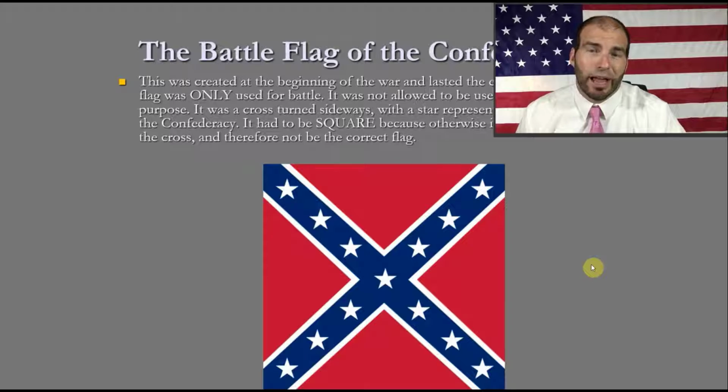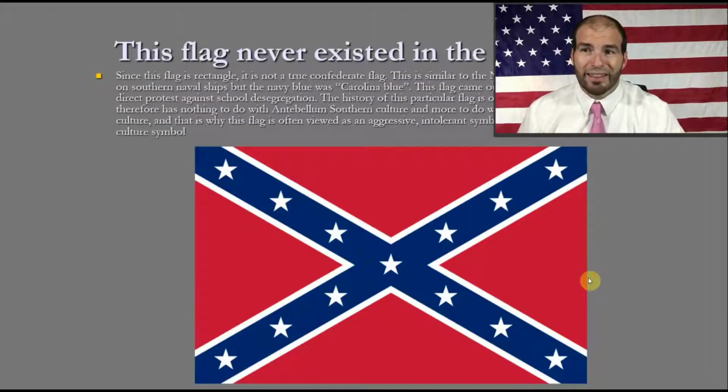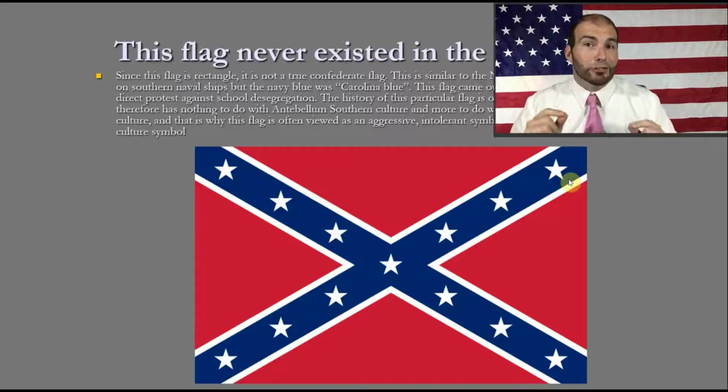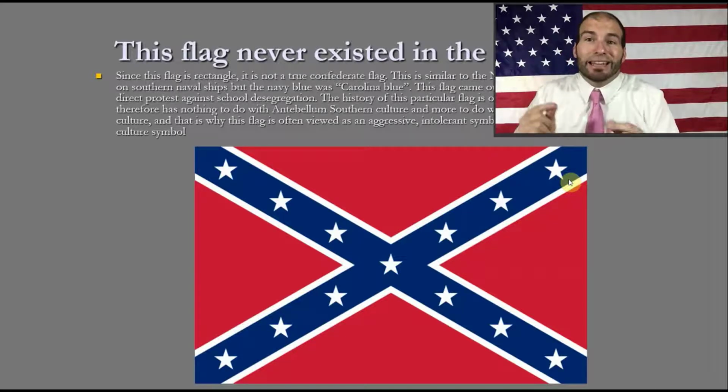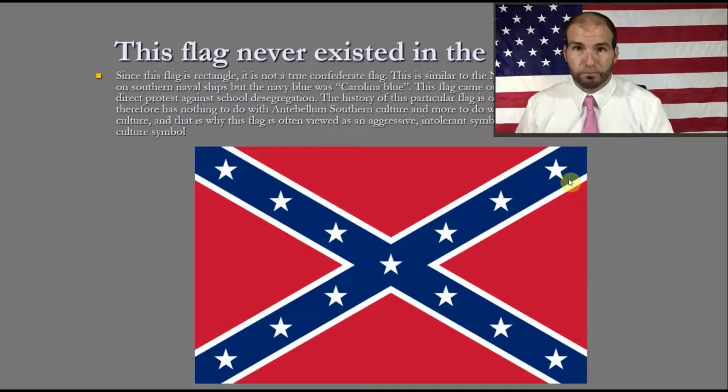90 years after the Civil War ends, in the 1950s, this flag shows up. This flag is what shows up in the 1940s and the 1950s as a symbol by white supremacists against the integration of schools.